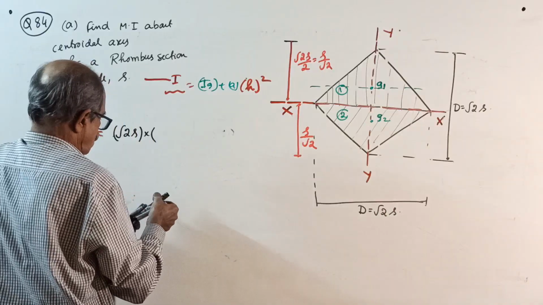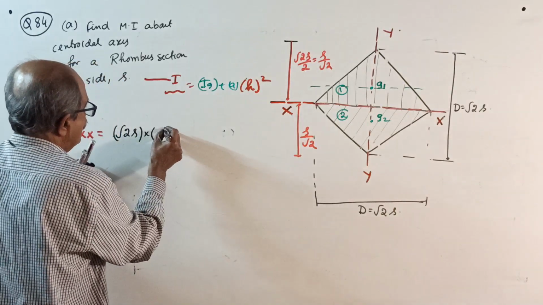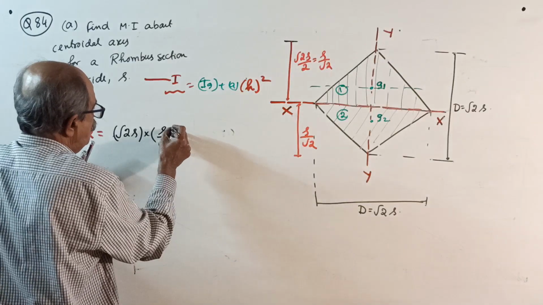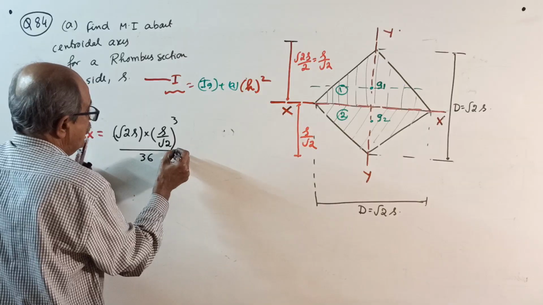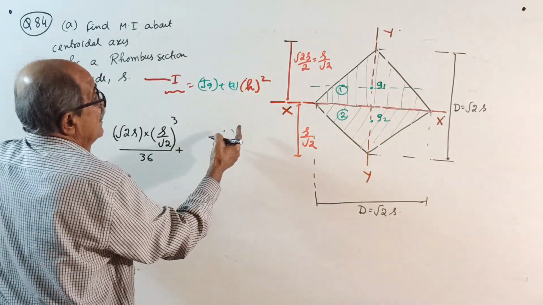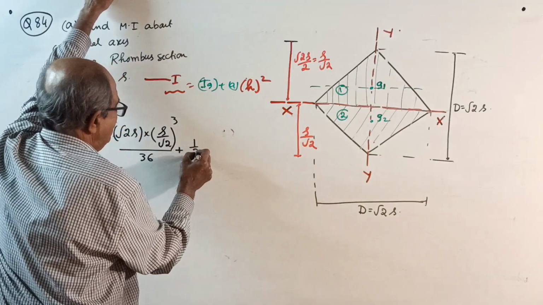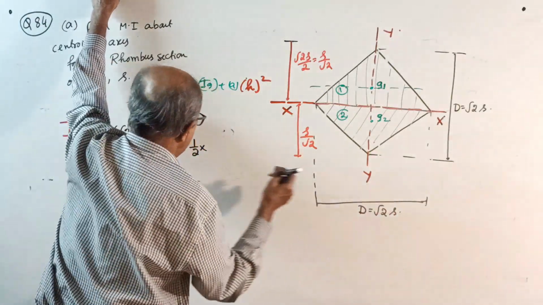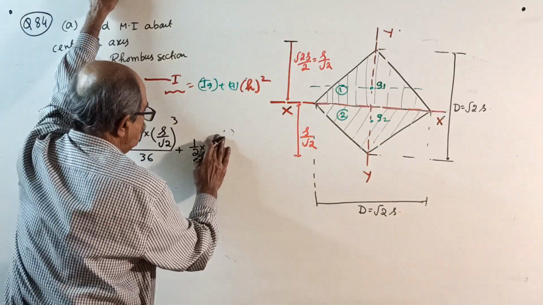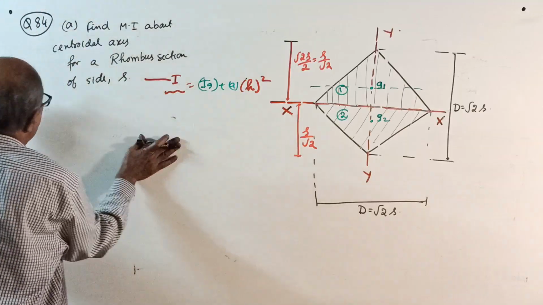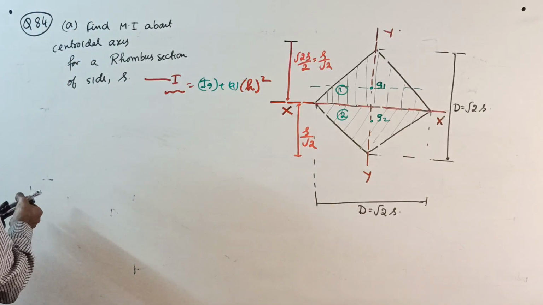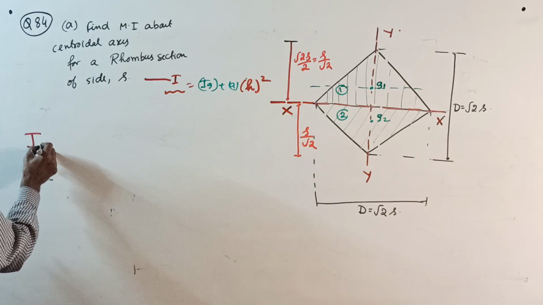Height is s by root 2, into s by root 2 cube divided by 36, plus area. Area is half into root 2s, plus some space problem is there. I start here. Space problem.